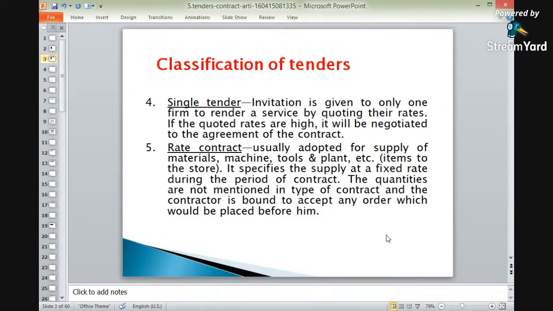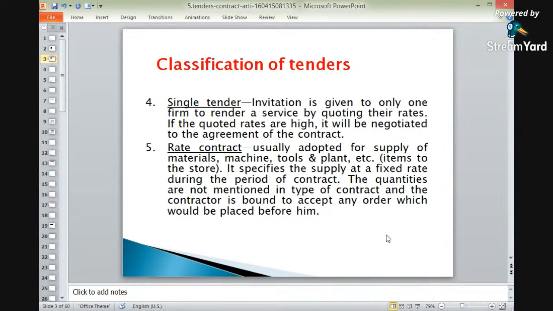The agreement is made between the owner and the contractor. So only one single person, who is an expert in the field, is given the tender. The invitation is given to only one firm to render a service by quoting the rates. If the quoted rates are high, it is advisable to negotiate them to the agreement of the contract.